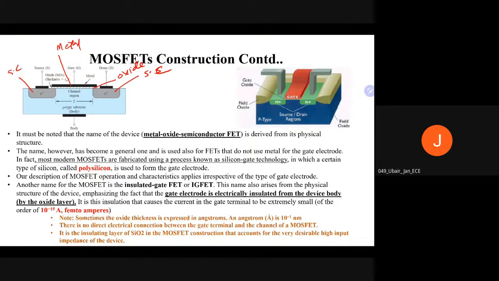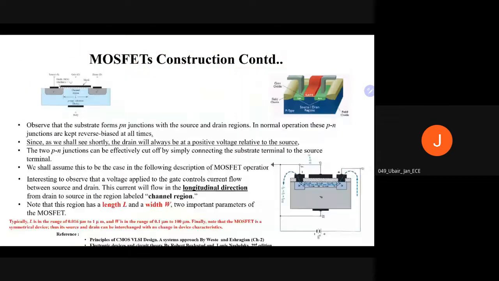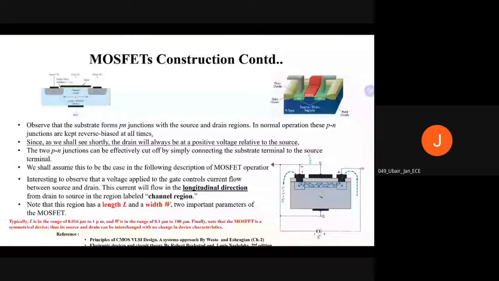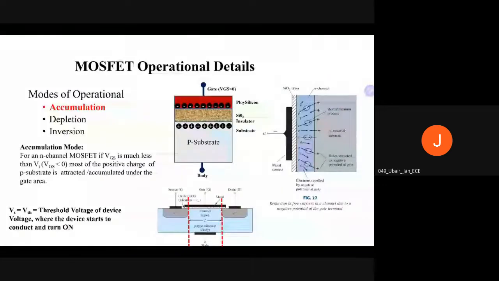So that is how the MOSFET is manufactured. इसकी बनावट ऐसी ही होती है. This is the construction of the MOSFET. Okay. Now, as far as working is concerned, we define its working into three different modes. How it works, MOSFET.